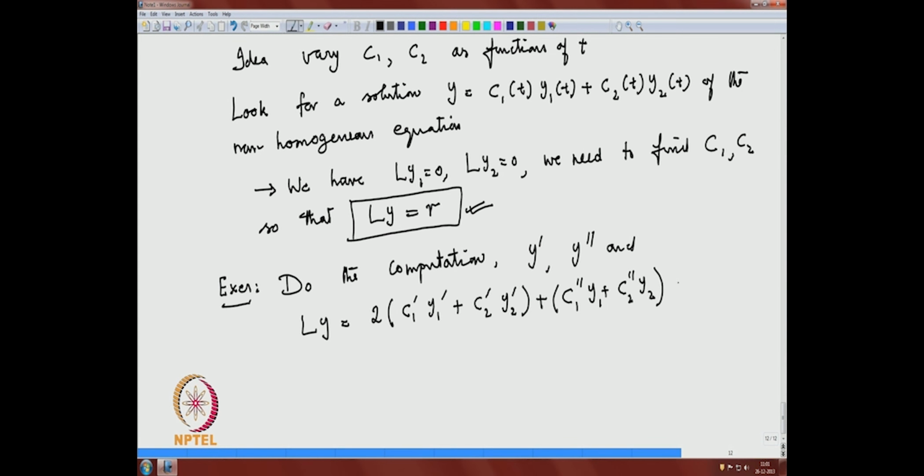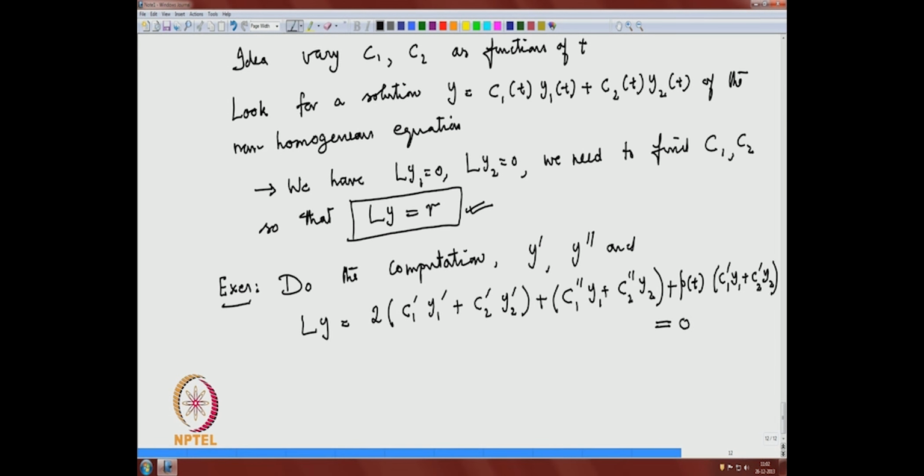and you will have P(t) into C1 prime y1 plus C2 prime y2, and the q term will get absent because you have y1 and y2.